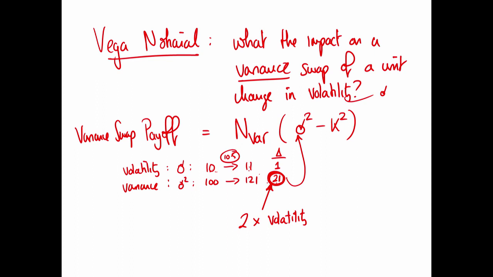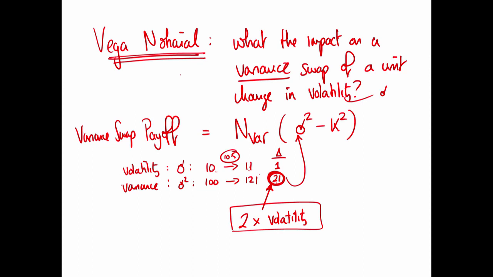So this is the adjustment that you need to make when you move from volatility to variance. Your Vega notional, which is the impact on a variance swap of a unit change in volatility, is actually going to be a lot higher than the variance notional. Okay?